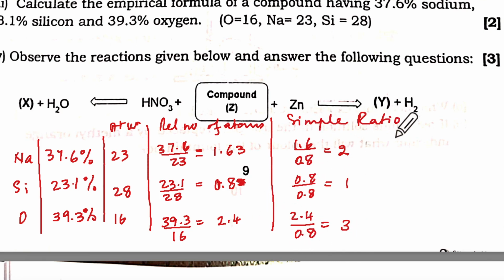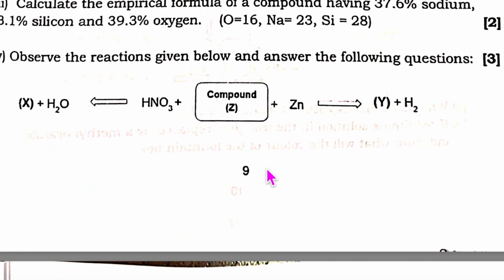It has to be simple whole number ratio. So can you see, this is a simple ratio. I don't have to take this because this is less than 5. So in my calculations I just take this. Then it becomes very easy. They are saying empirical formula will be Na2SiO3.